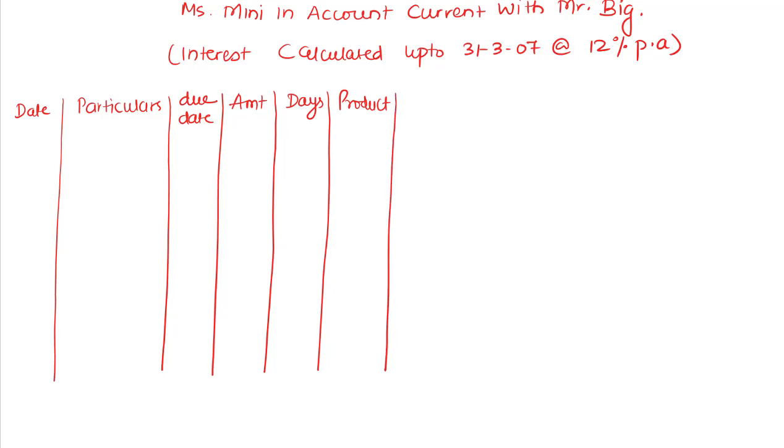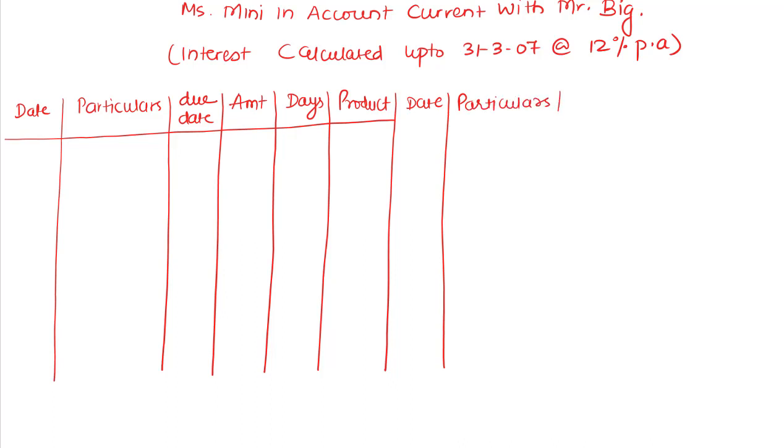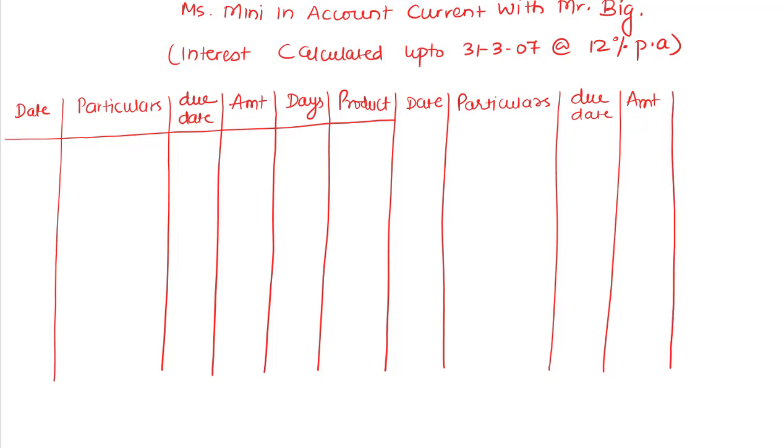This is one side. The same columns need to be prepared for the other side: date, particulars, due date, amount, days, and product.